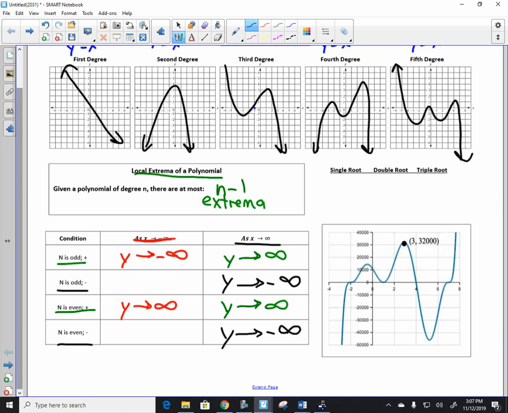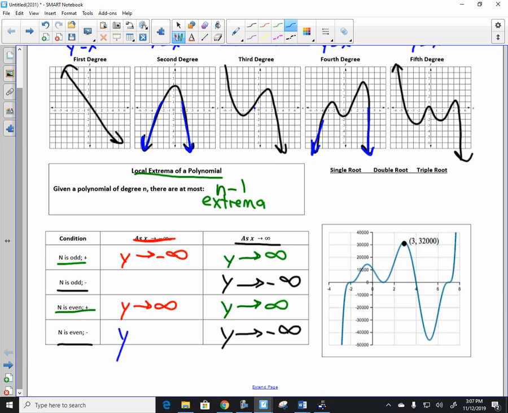If they're positive, they finish positive. If they're negative, they finish negative. Doesn't matter whether it's an odd function or an even function. But again, as you look here, look at the even functions. Look at the second degree. It finishes down and it starts down. The fourth degree, it finishes down and it starts down. So if they're even, they start and finish in the same direction.